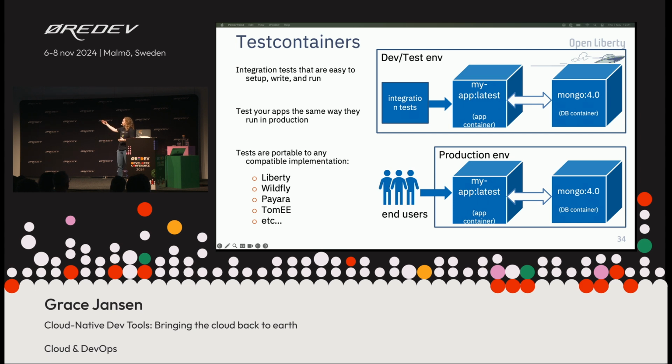So you could have, for example, a MongoDB database that your application is reliant on, and you're able to test the integration between those two separate containers as it would be perhaps in your production environment. And the top box here is what you'd expect in that testing environment. So having those integration tests basically replicate what your end users would be experiencing in production. So Testcontainers is definitely one to look at if you've not seen it before.